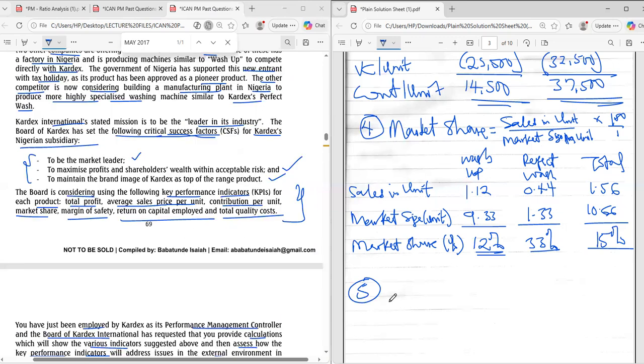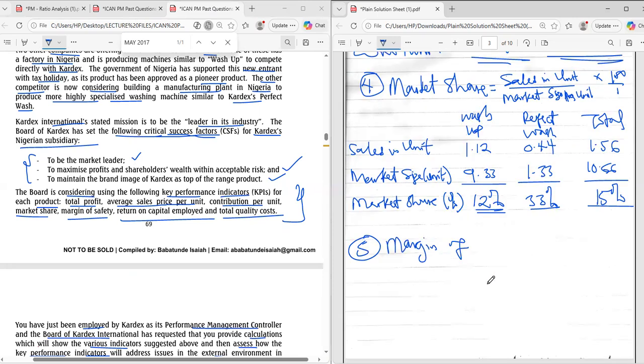Margin of safety. What's the formula for margin of safety? Who knows it? Who has done CVP before? Break even.